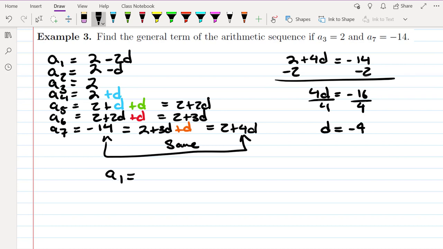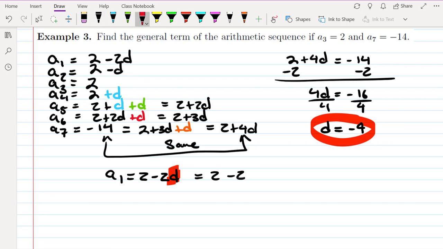So a1 is equal to 2 minus 2d, but we just found that d is negative 4. So 2 minus 2 times negative 4 is going to give us 2 plus 8, which is equal to 10.